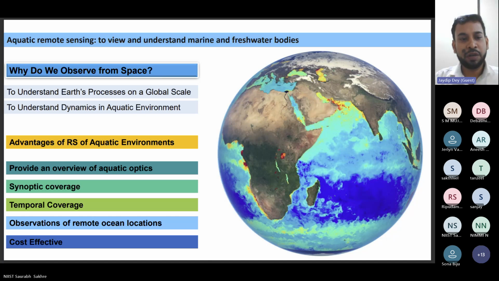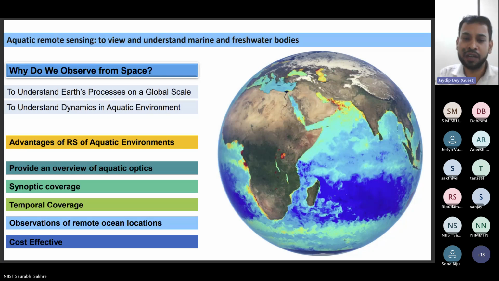Why do we observe these things from space? To understand the Earth's processes on a global scale. In general methods, we are able to collect only point-specific data, but remote sensing allows us to collect data for a huge region. It also allows us to understand the dynamics in the aquatic environment over time.